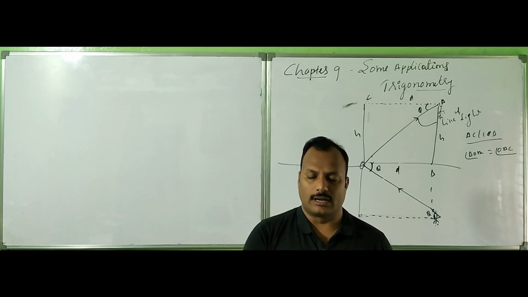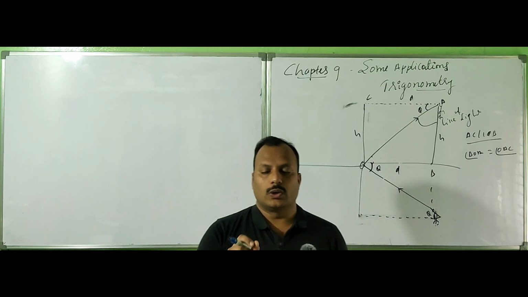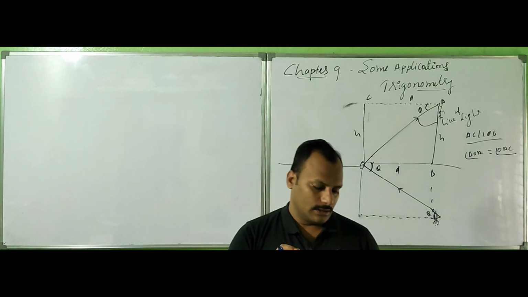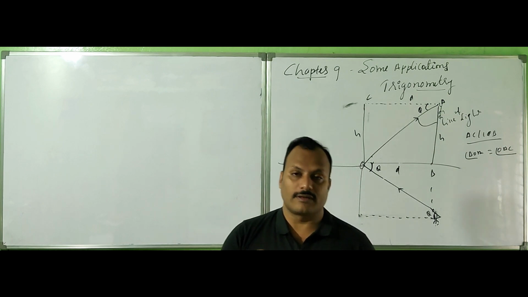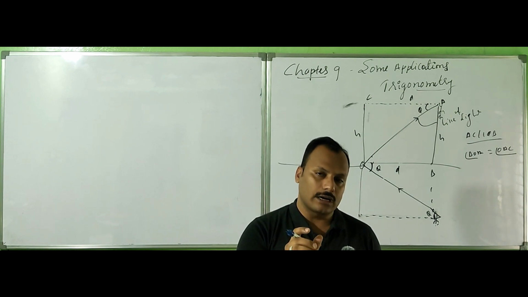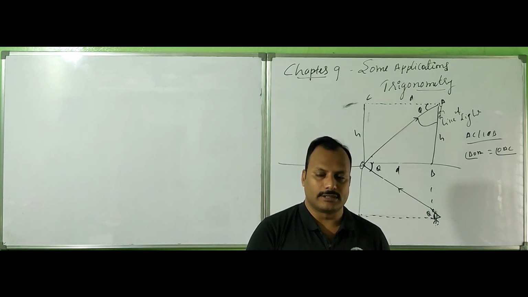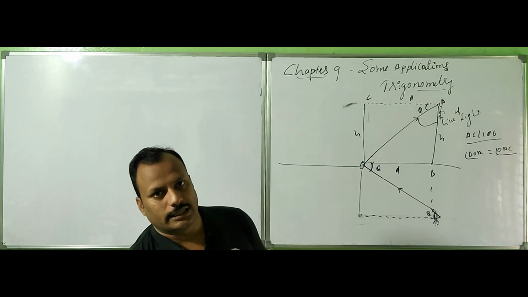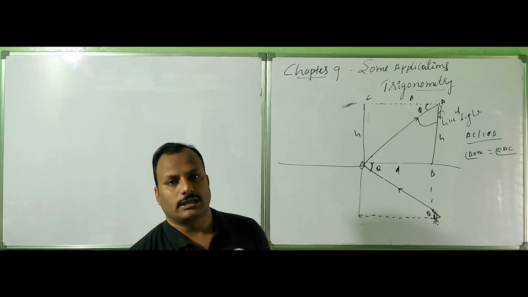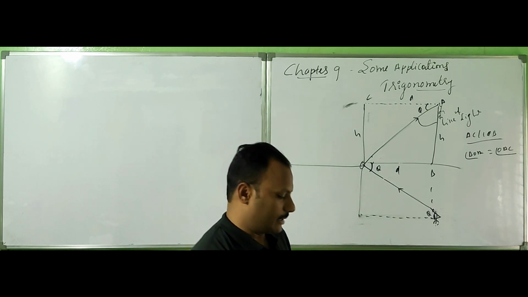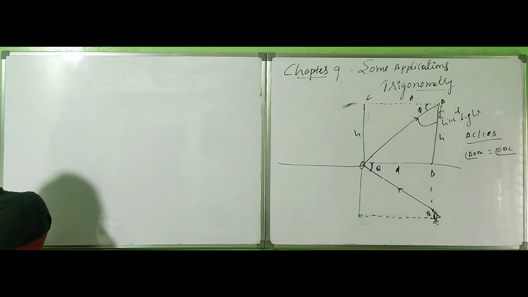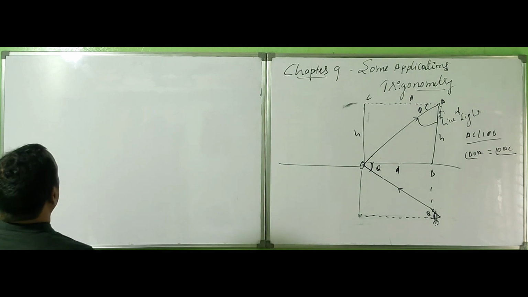At 30 degrees, the shadow length is 40 meters longer than at 60 degrees. That means the shadow is larger at 30 degrees than at 60 degrees. Let's draw the diagram. The question is, find the height of the tower.